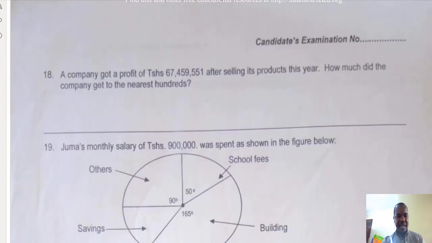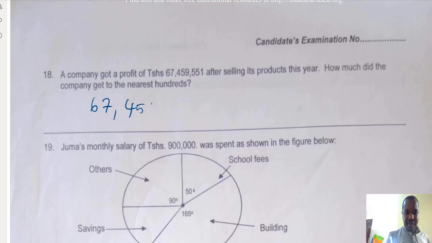We go to question number 18. A company got a profit of 67,459,551 after selling its product this year. How much did the company get to the nearest hundreds? So to the nearest hundreds, we are going to approximate 67 million 459,551.